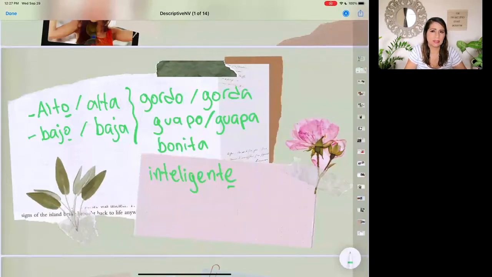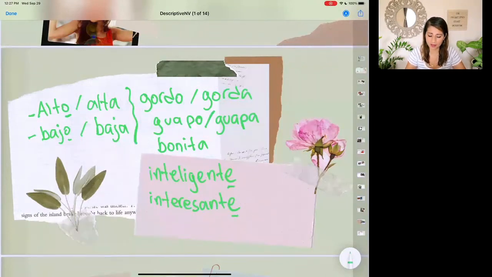So it's not inteligento or inteligenta, it just stays inteligente for a male or a female, okay? Now, if it's somebody interesting, it's also an e ending, so interesante. Okay, so my brother is interesting, mi hermano es interesante, my sister is interesting, mi hermana es interesante, same ending.